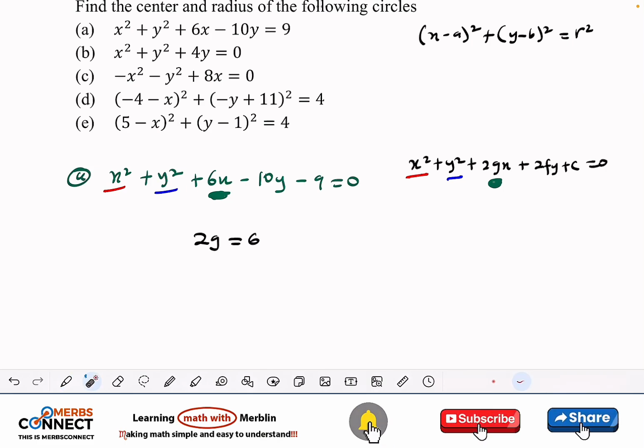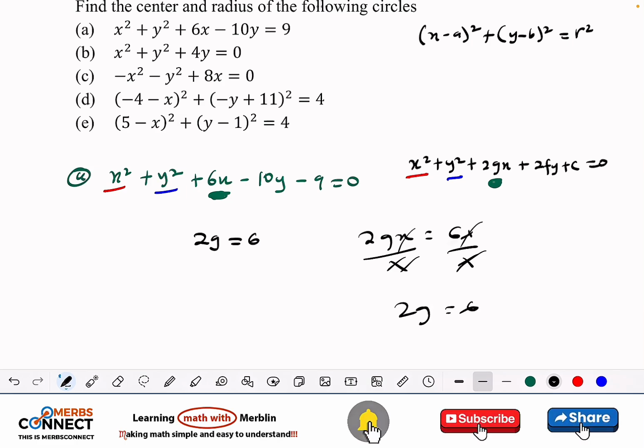Can you see that? Because I have x here and I have x here. When I cancel the x out, I'm going to have 2g equal to 6. That is not mathematically how we are going to do it.